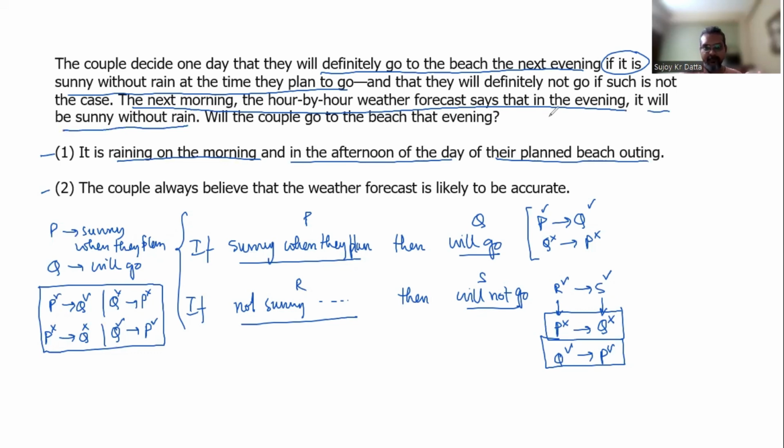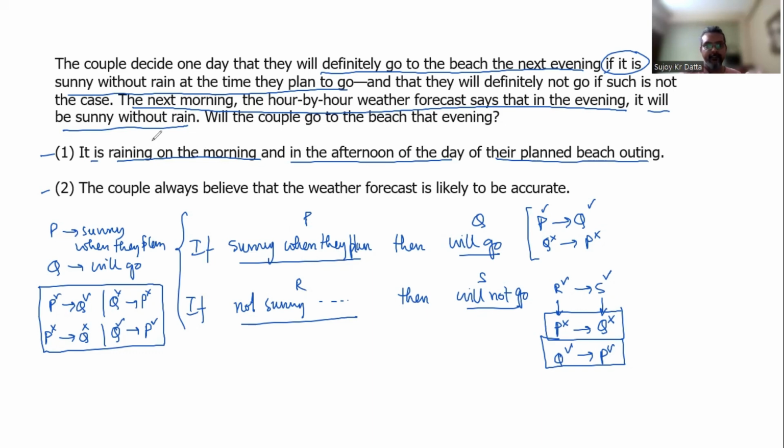It has been clearly mentioned in the first statement of the stem that they decide they will go if it was sunny at the time they planned to go. Nothing else that happens afterwards, whether there is a weather forecast or something else, or it rains incessantly, they will not necessarily change their decision.